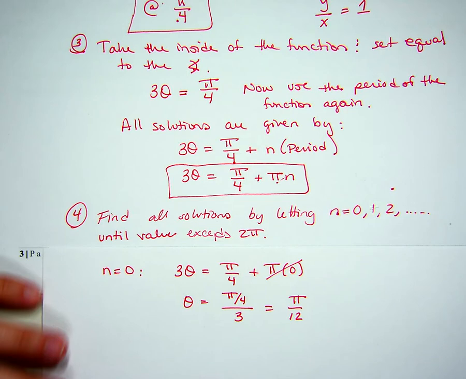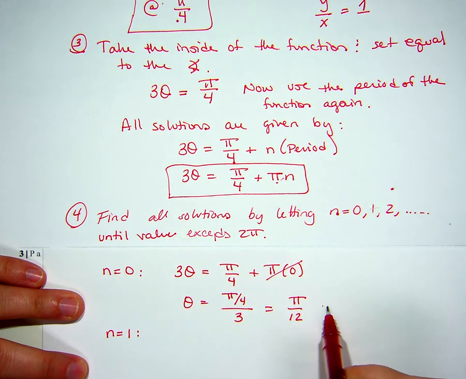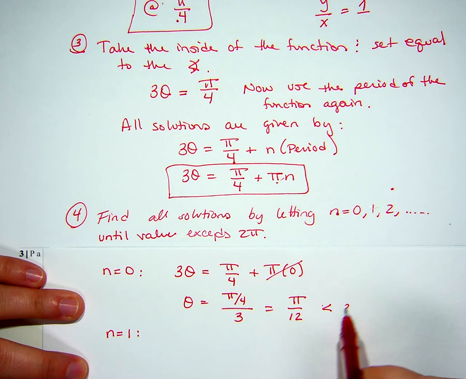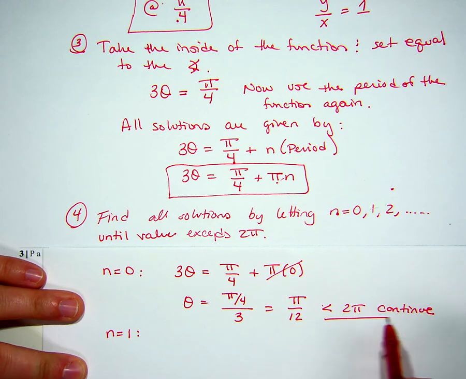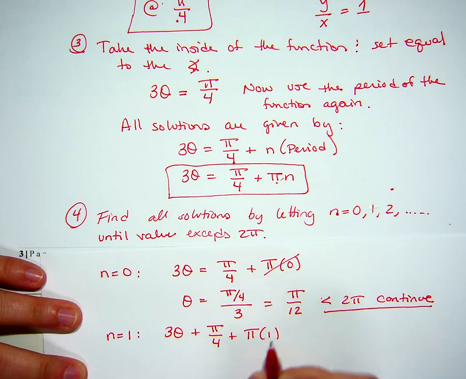Now, let n be 1, because this is less than 2 pi, that means continue. Okay, if n is 1, that means I have 3 theta equals pi over 4 plus pi times 1.